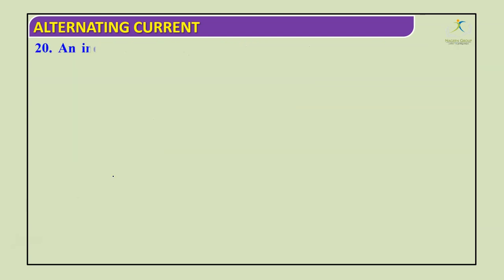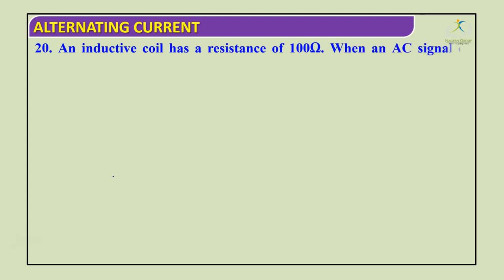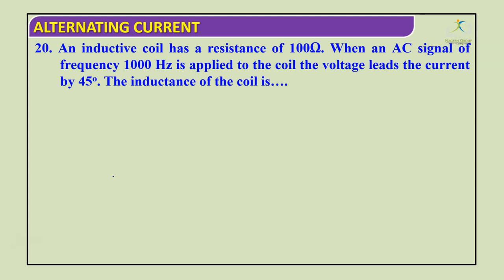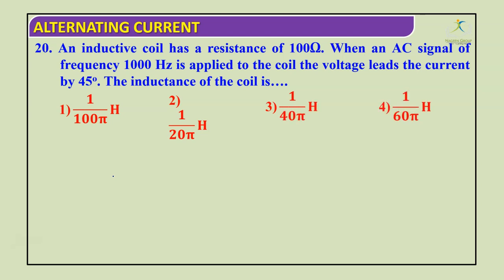Next question we have. An inductive coil has a resistance of 100 ohm. When an AC signal of frequency 1000 Hz is applied to the coil, the voltage leads the current by 45 degree. The inductance of the coil is 1 by 100 pi Henry, 1 by 20 pi Henry, 1 by 40 pi Henry, 1 by 60 pi Henry. Now let us see the solution.